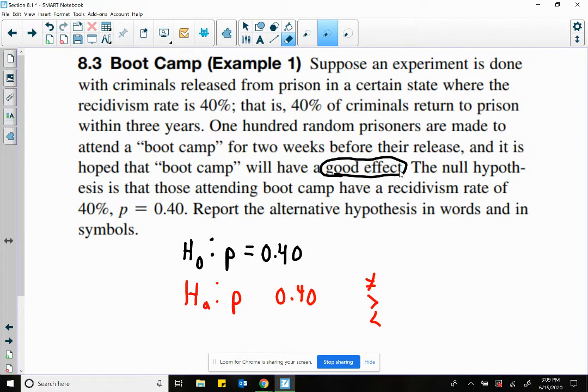What does it mean to have a good effect? Well, a good effect on prisoners would mean that they're not coming back to jail. They're not coming back to prison. Okay? So that means we're hoping that this percentage, or 0.4, is less than.